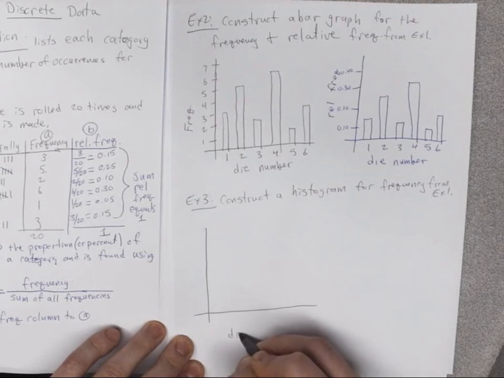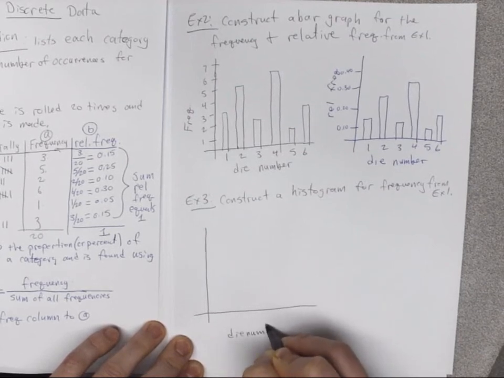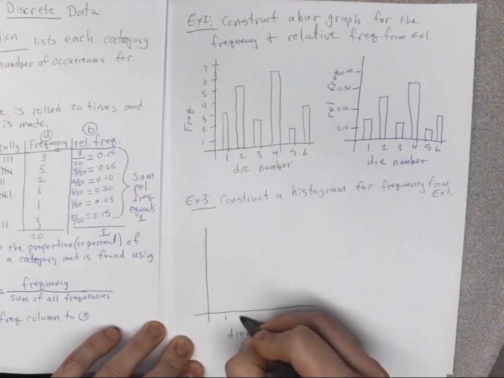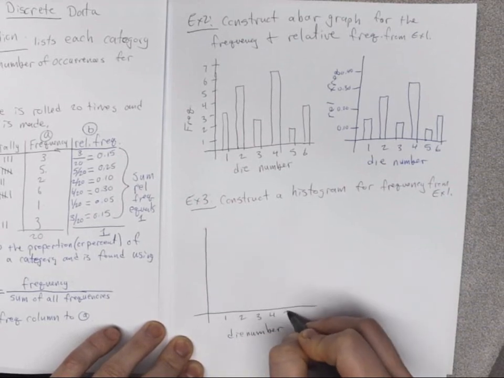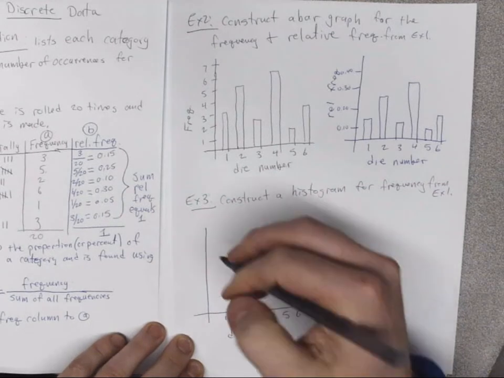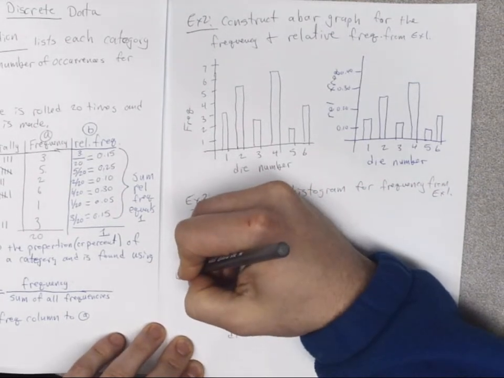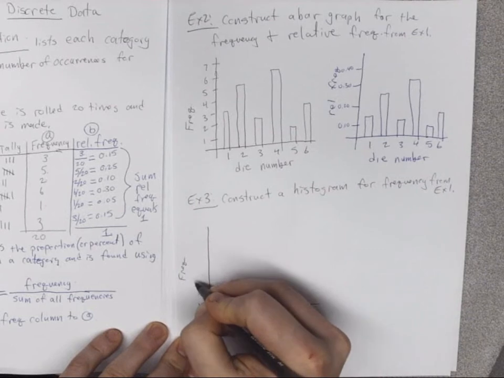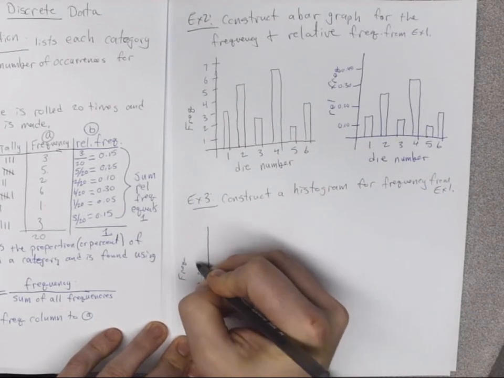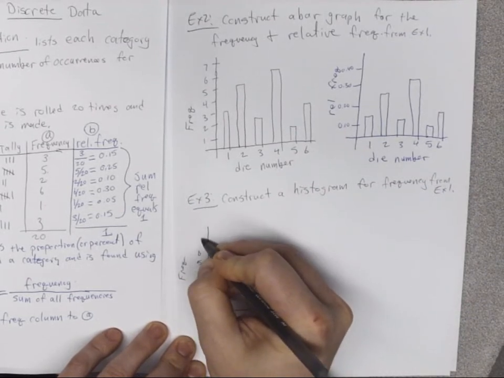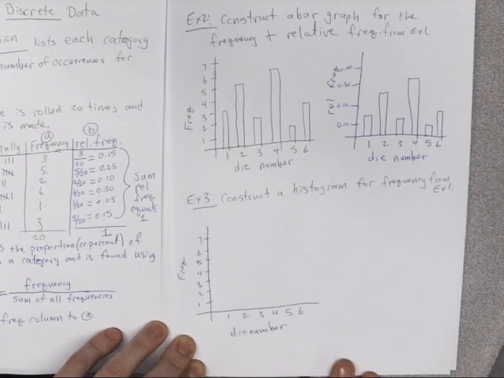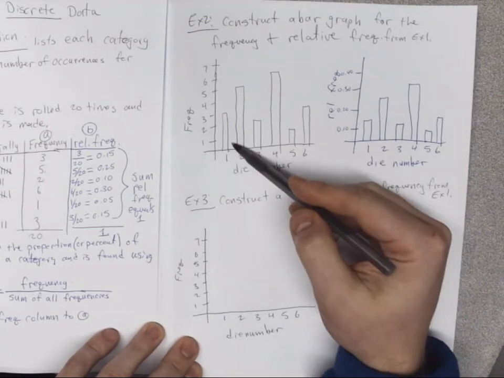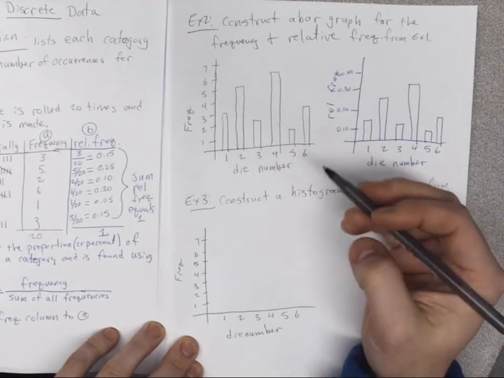It starts out the same way, die number, and they're exactly the same except for one little difference. And we'll get to that when I get to drawing. And then along the axis here, this is the frequency. And I'm just going to label this 1 through 7 again. Now the only difference here for a histogram is that these bars are touching, and that's the only difference.